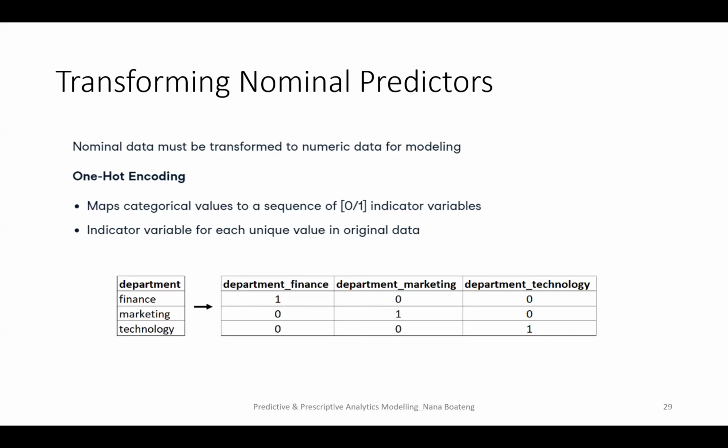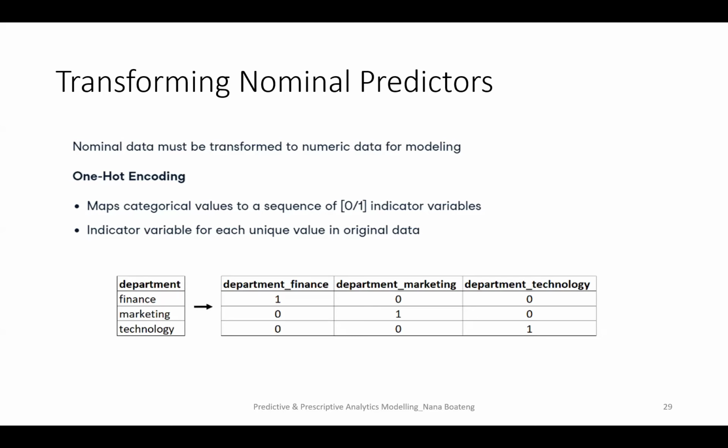Okay. So if you want to identify marketing, it should be 1, while the other departments are 0. If you want to identify technology, the column for technology should be 1, and the rest 0. Then we know that we are dealing with technology, but you are not dealing with marketing and finance. So at the technology row, technology department will be 1.